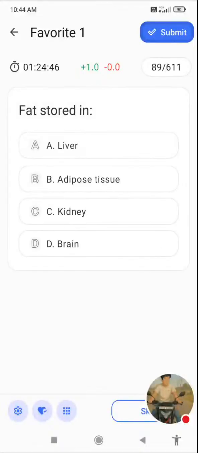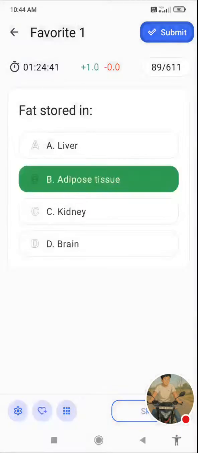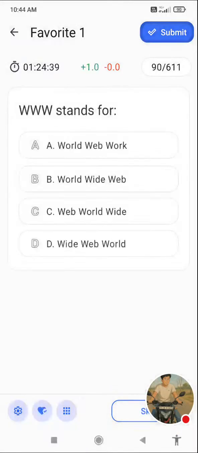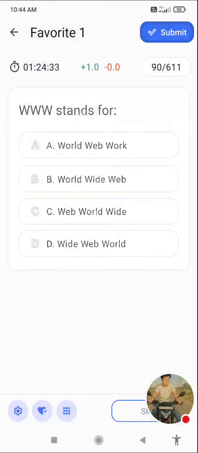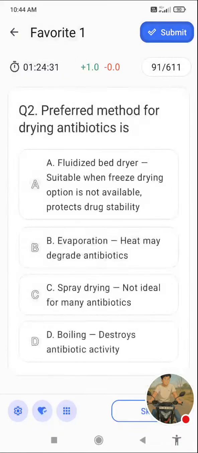Fat is stored in, option B, adipose tissue. WWW stands for, option B, World Wide Web. Preferred method for drying antibiotic, option A, fluid bed dryer.